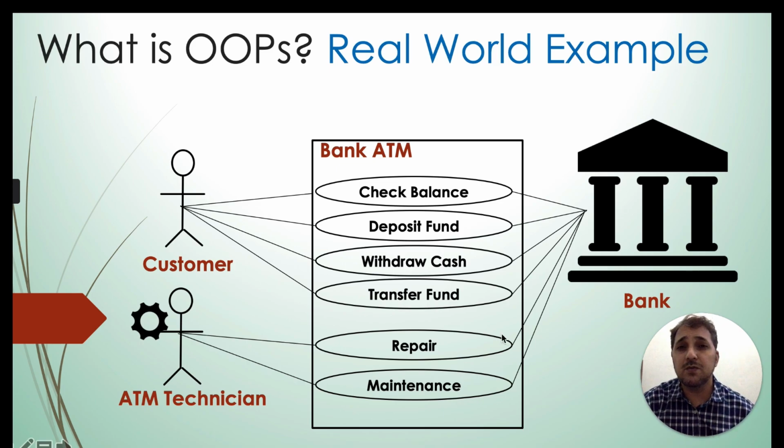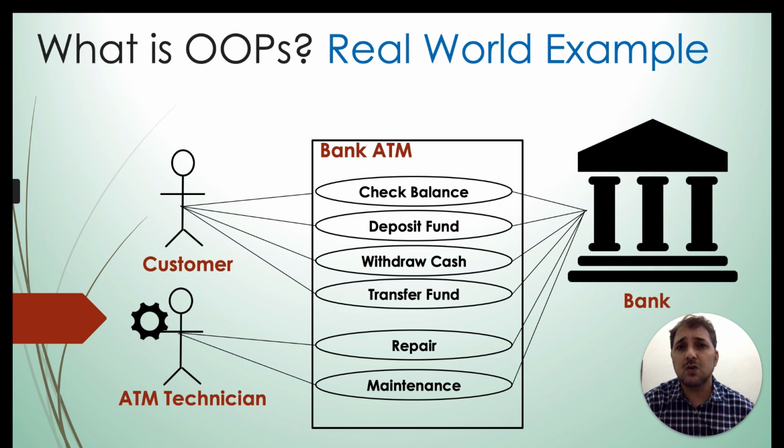Okay, so if you look at all these objects, every object has properties also, but these are the functions that they use to interact with each other. So meaning to say, every object in this real world can only interact through their functions.